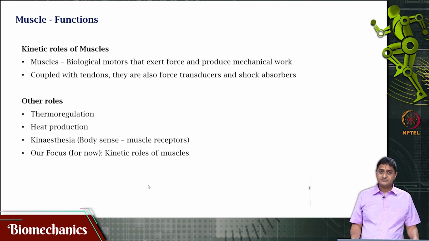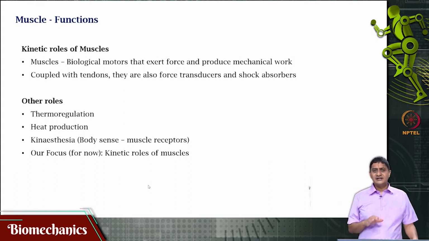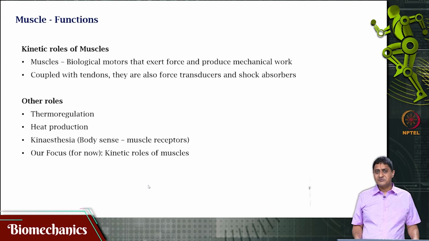Kinesthesia, or an idea of where your body parts are relative to each other. Note that this is slightly different from the technical definition of proprioception. This is kinesthesia, giving a sense of the body sense.